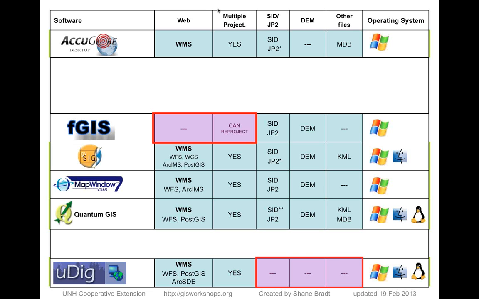Also, this made me a little bit leery. UDIG did not support some of these other files, especially SID files. And for me in the state of New Hampshire, if a GIS software package can't support SID files, then we really can't suggest that people use it. I will also say that in my experience with UDIG, I was able to edit a table in a database, in an attribute table, without going into editing mode.